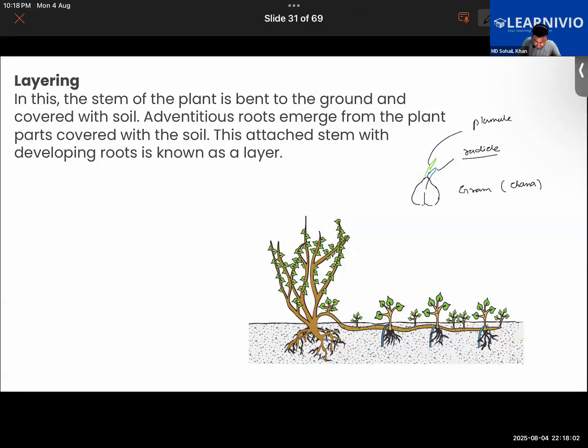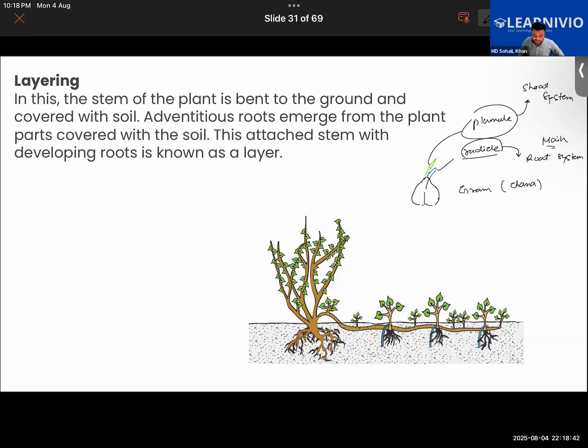This plumule further converts into the shoot system, the part that will grow above the soil, and the radical further grows into the root system. So in most plants, roots grow out of the radical when the seed germinates. The main root grows from the radical.